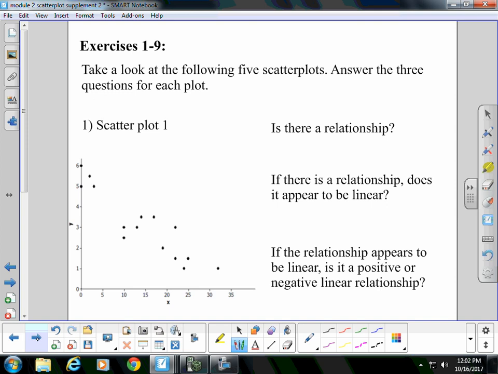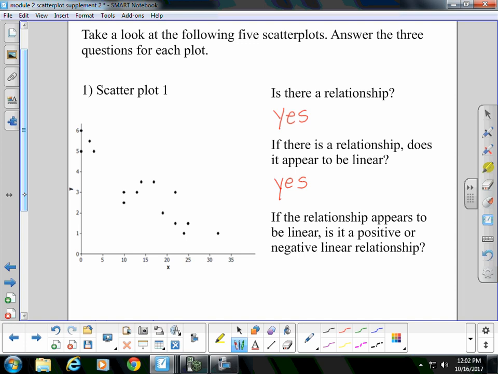In the case of the first one, is there a relationship? Yes. Is the relationship linear? I would say yes. And does it appear to be negative or positive? I would say that it is negative.